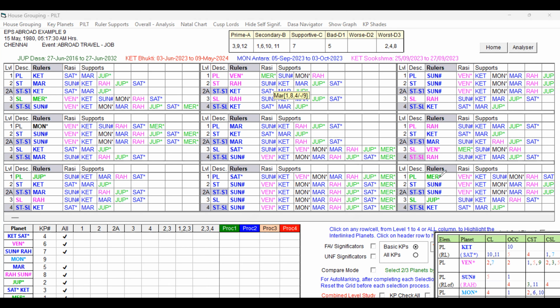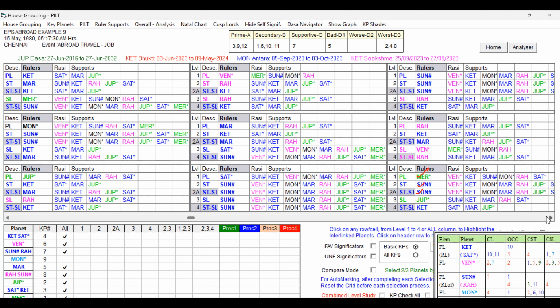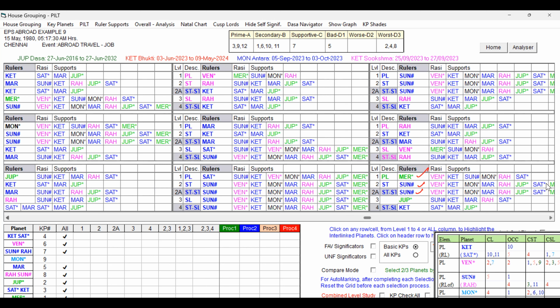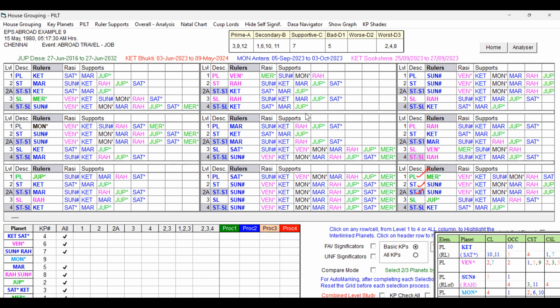Let us check Mercury. Mercury planet, you can see Mercury is good, star level, Sun. You can see, if you scroll, Mercury and Jupiter both are there in support of the Sun. If you see like this, Jupiter only is present. After that, Saturn and Mercury are not visible.